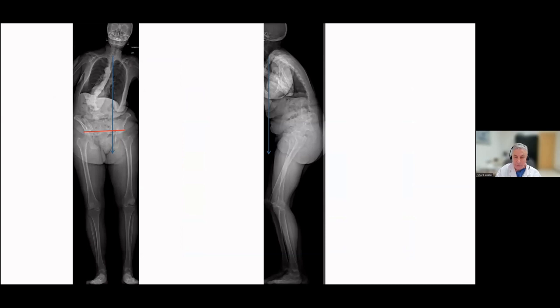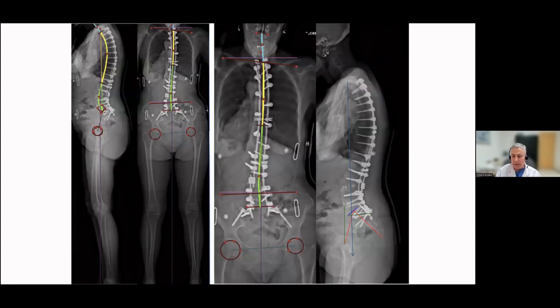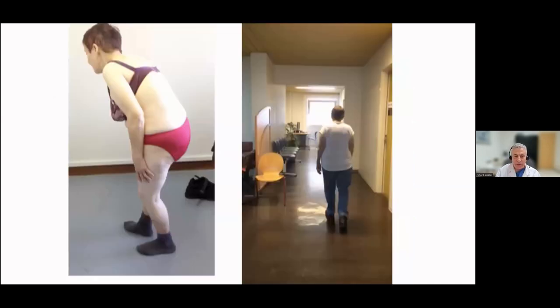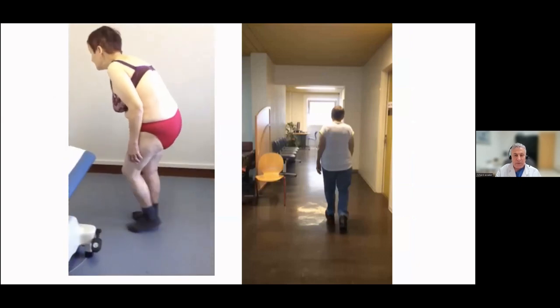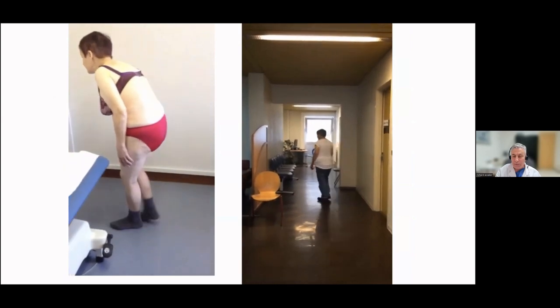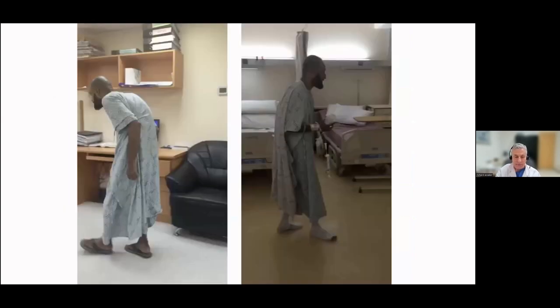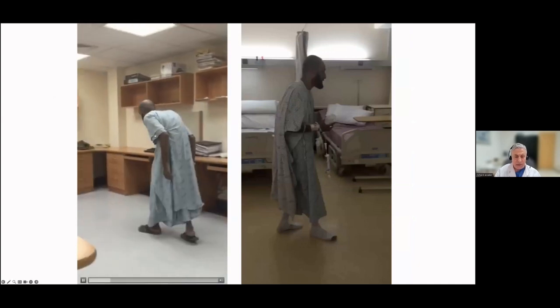We won't have time to give you examples, but all this is planned in advance, and those are the post-op X-rays of the patients. So this is the patient before the surgery. Imagine how disabled he is, walking with the anterior vertical axis, and this is one year after the surgery, on the right. Left.